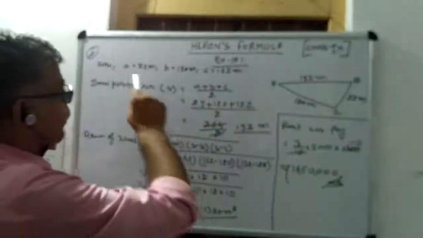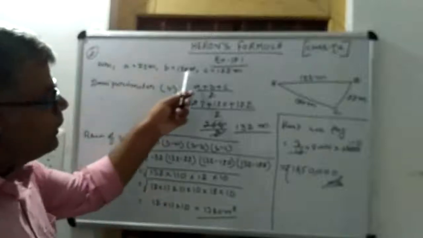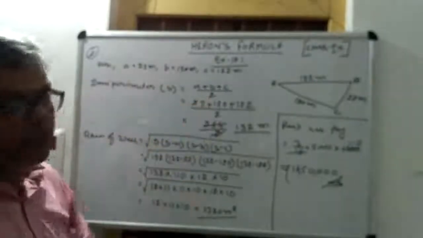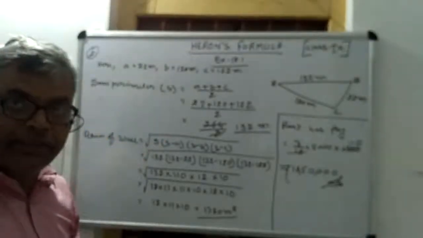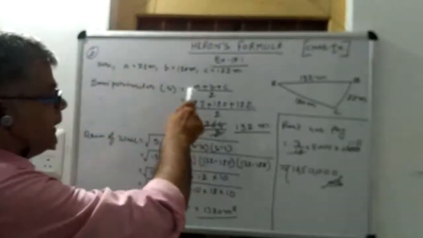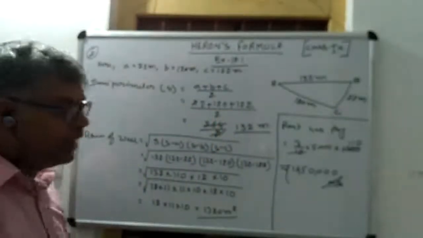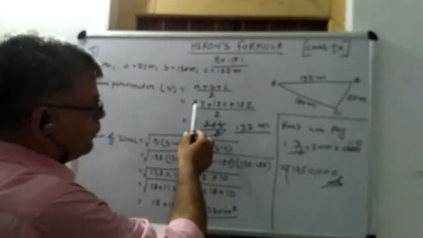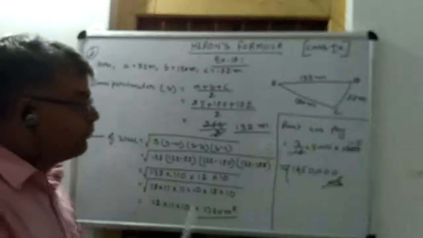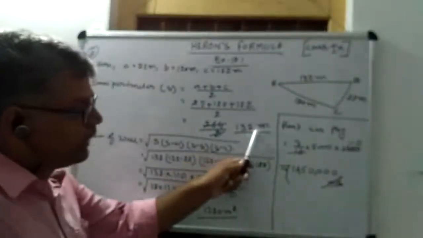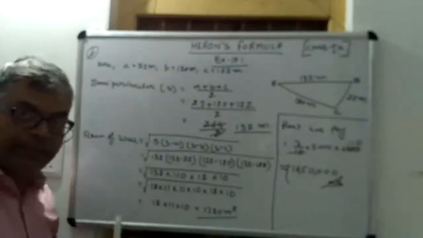The corresponding sides of the triangle are A equals 22 meter, B equals 120 meter, and C equals 122 meter. Now calculating its semi-perimeter: S equals A plus B plus C by 2, that is 22 plus 120 plus 122 by 2. Putting these values, we get 132 meter as the semi-perimeter.